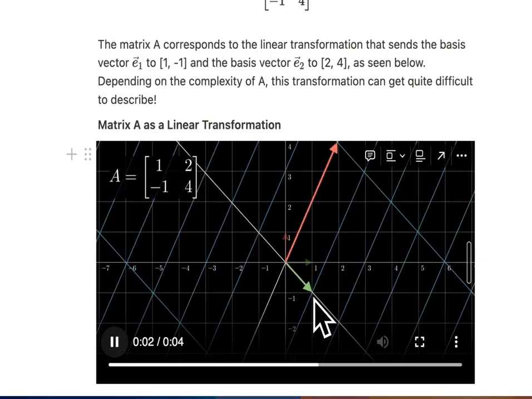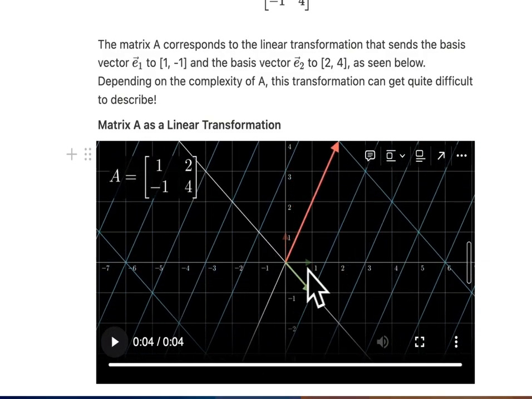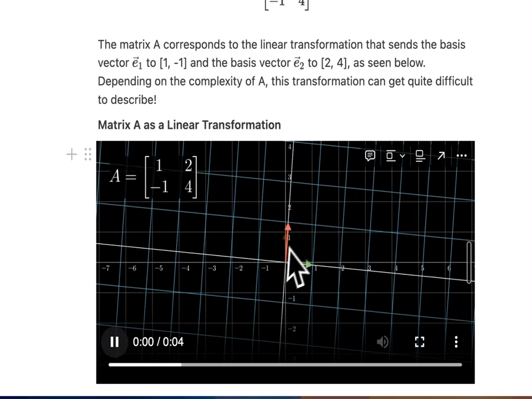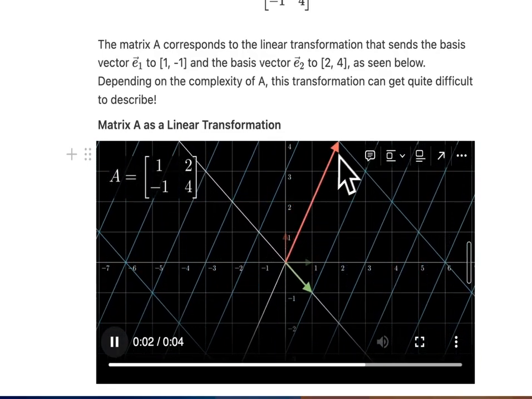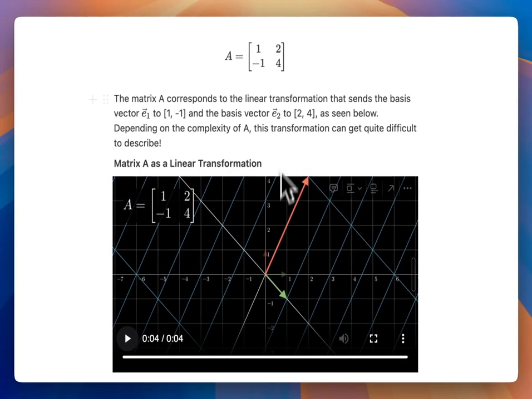What happens here is that we're sending the basis vector E1 to (1, -1), so there's a green arrow here, and then we're taking the basis vector E2 and sending it to (2, 4). And then we can track all the other vectors in the space as doing the same thing, so we're going to get this rotation and stretching as we see here. And we can interpret the first column, (1, -1), as describing where E1 goes, and (2, 4) describes where E2 goes.